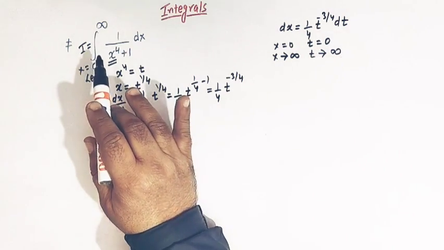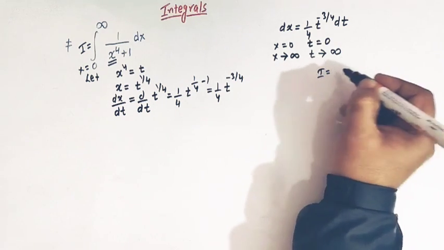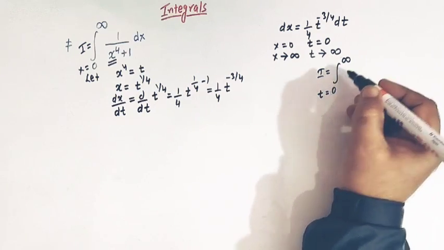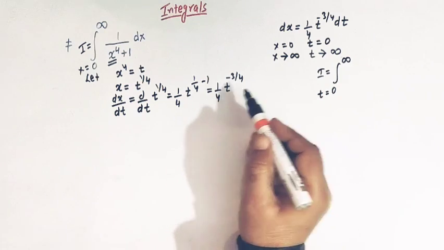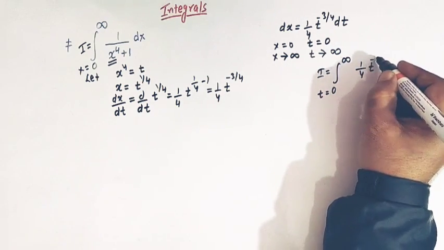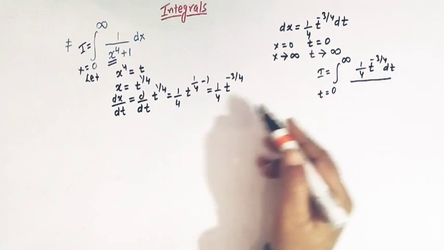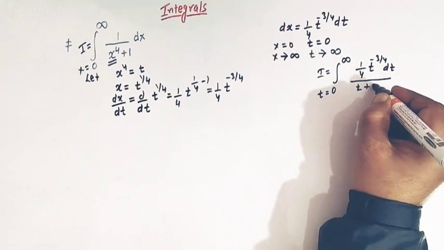So now we can write this integral in terms of t. We can write I as the integral from 0 to infinity, t going from 0 to infinity, and for dx we can write 1 by 4 t raised to minus 3 by 4 dt, and in the denominator we have t plus 1.